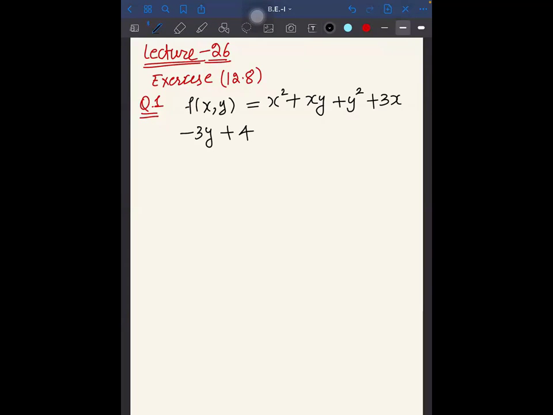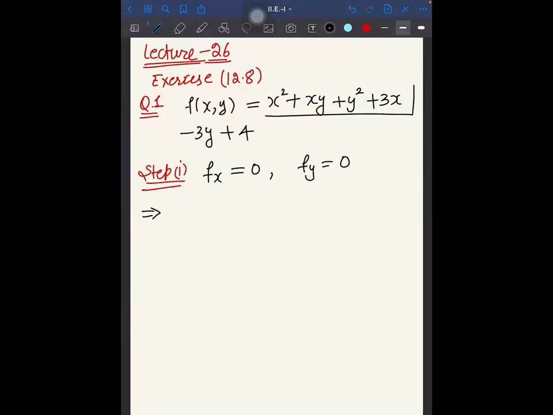Sir, f of x. Yes, so our very first step is we'll calculate fx and put it equal to 0, and similarly we'll calculate fy as well. So first of all, fx.